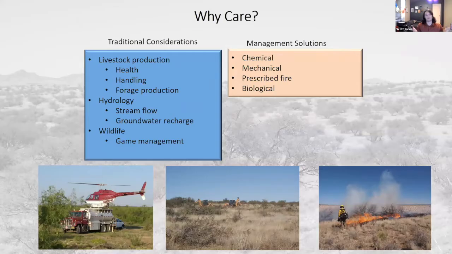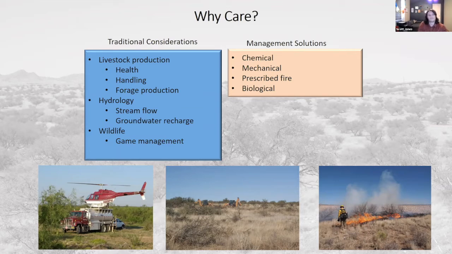Great. So why should we really care about shrubs moving into grasslands? Well, we had this traditional view that was very focused on livestock production, changes in hydrology, so the amount of stream flow you had or groundwater recharge, and also wildlife, mostly focusing on game management.